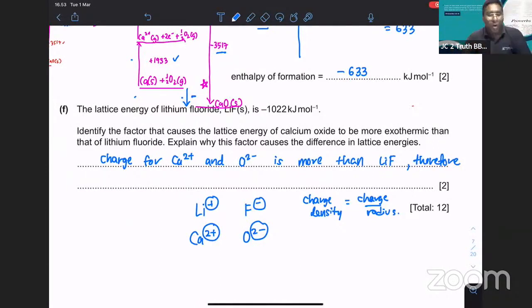Therefore, if the charges are more, it means that the positive and negative are going to be attracted more. Lattice energy means we are going to bring the gaseous ions together to form the solid. So more charges, positive 2 and negative 2, are going to be attracted more.